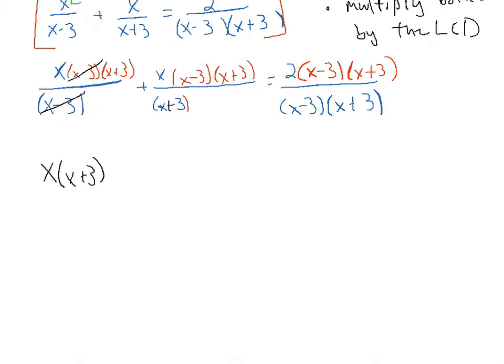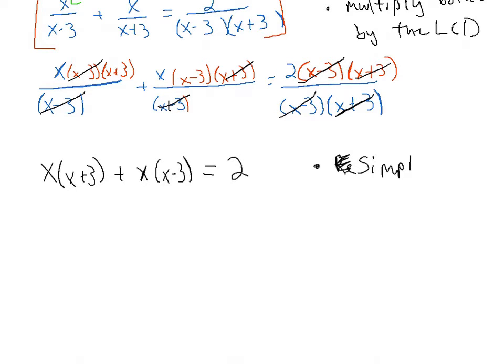So x plus 3 and x plus 3 are gone now, and so now it's just x times x minus 3. And then also in this last one, x minus 3, x minus 3, x plus 3, x plus 3, and it reduces only to 2. So this step, what I did is I reduced, or I'm going to say simplify, and solve for x.